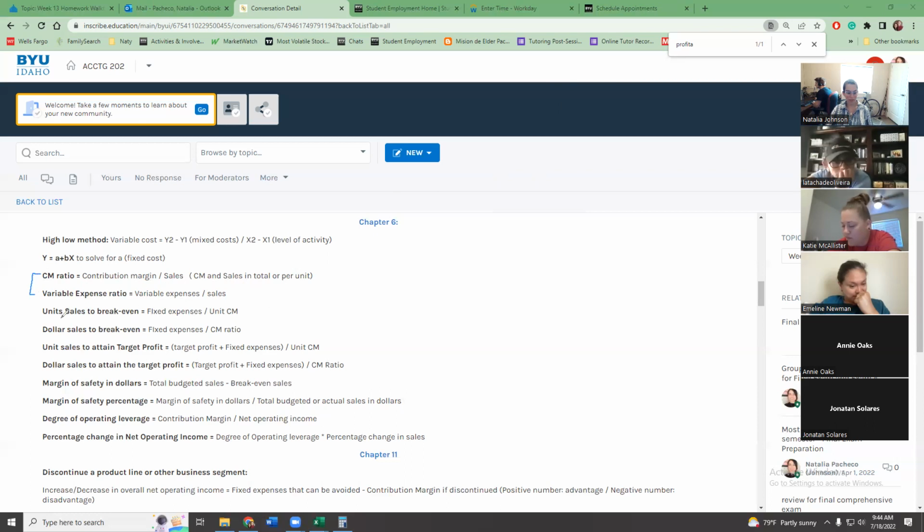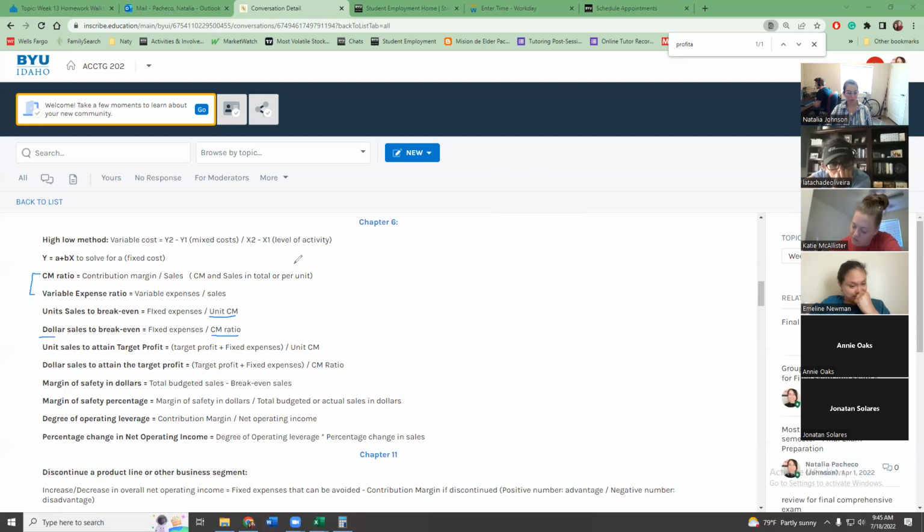Then the break-even point in sales is the fixed expenses divided by the contribution margin per unit. But if they ask for the dollar sales, then it's the contribution margin ratio instead of the contribution margin per unit.